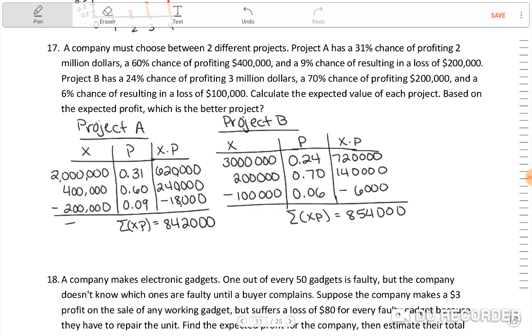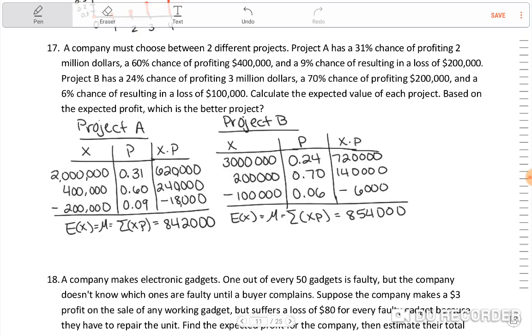By the way, this is the expected value, also known as mu. Same expected value, mu. Which, based on the expected profit, which is the better project?